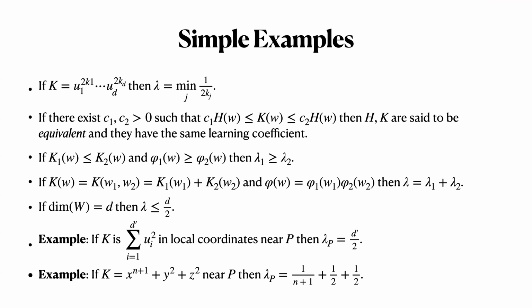Do you have any information on the degree of H, u and K in the inequality? So this holds around the zero set of K, in which case they're related by a multiple of a non-zero analytic function.